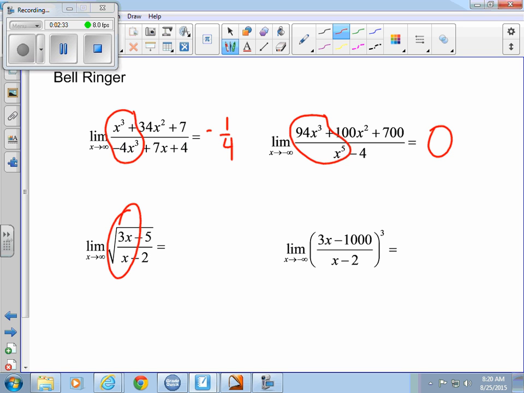Square root of 3. Why? Because that 3 is under the square root, right? Just because we're going to infinity doesn't get rid of the square root. Essentially it is the square root of 3x over the square root of x. So those cancel, and you're still left with the square root of 3.